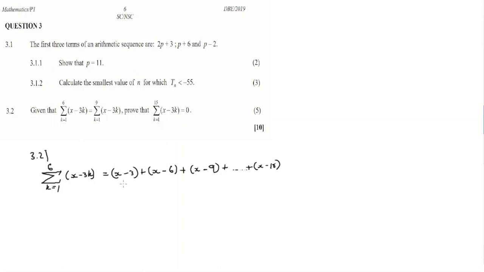Okay, so this is t1, which is also the a value, and then t2, t3, and then this t6, which is also the last term of the sequence.